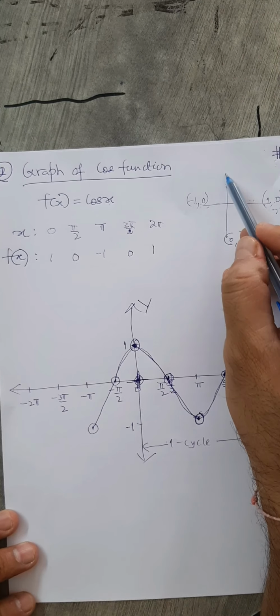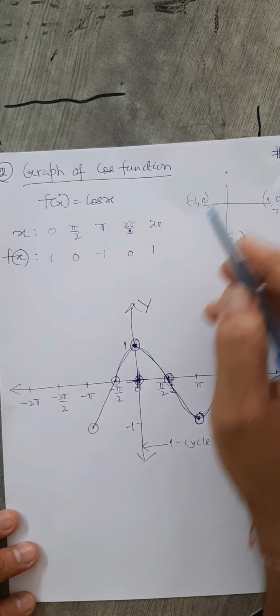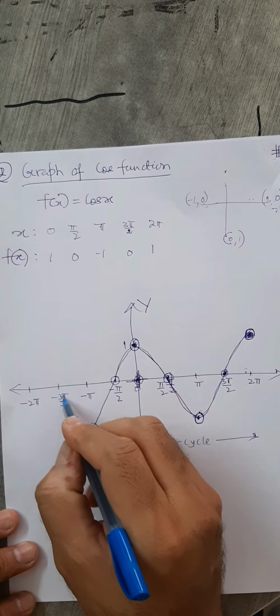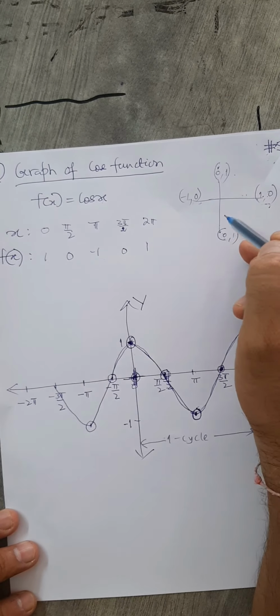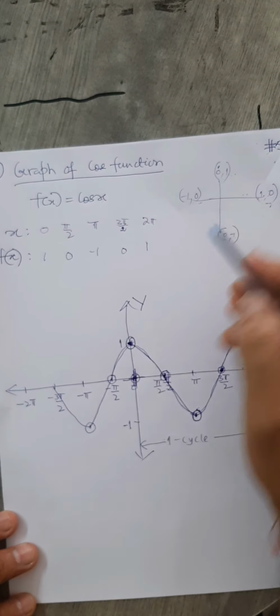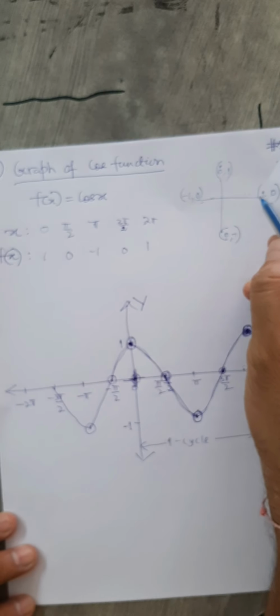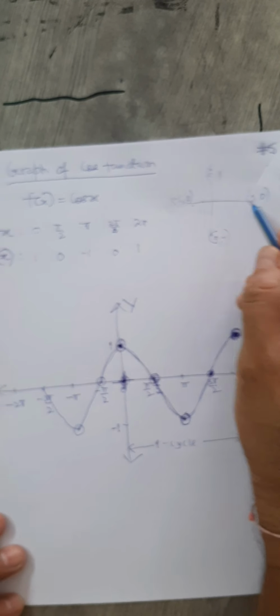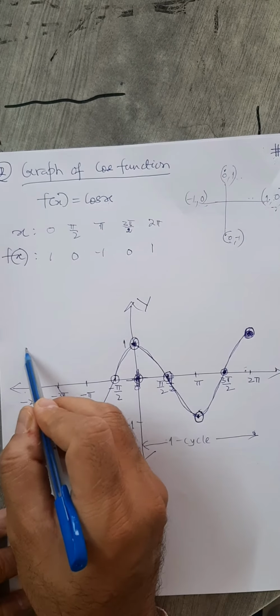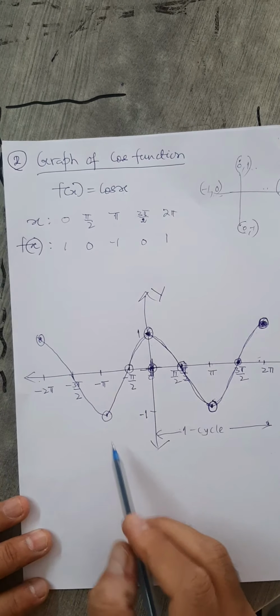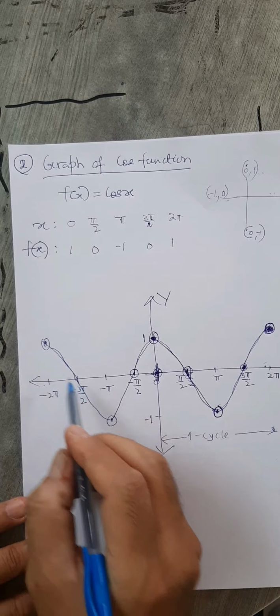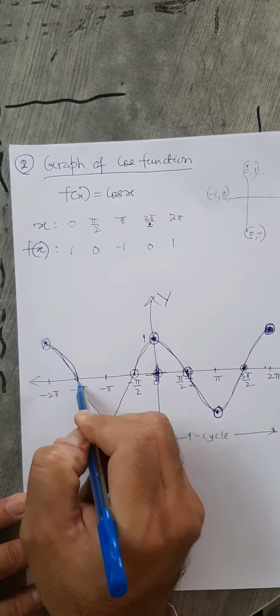Minus 3 pi by 2 is here on the unit circle. There the value is 0, you know. Your first coordinate is 0, here 0, minus 1. So graph goes up. At minus 2 pi, it is here. There the value is 1. So graph will be here, like this.